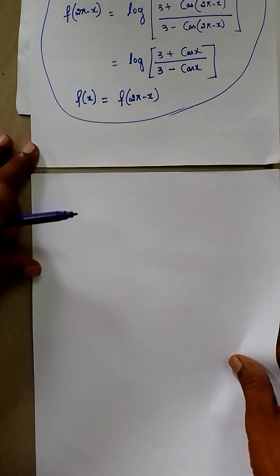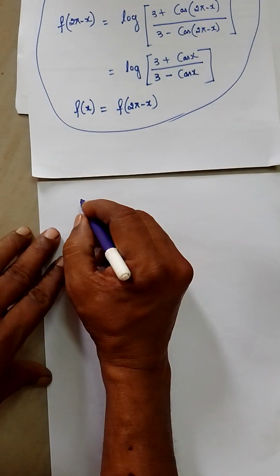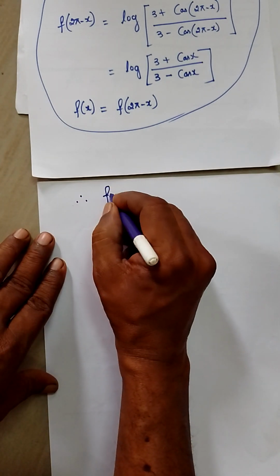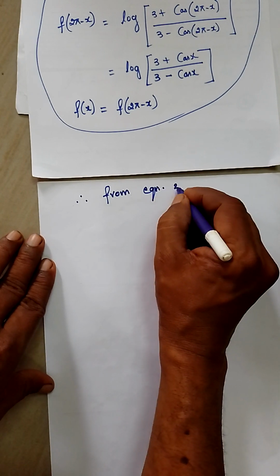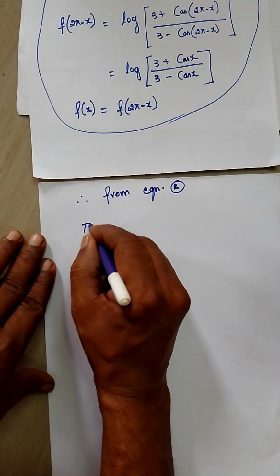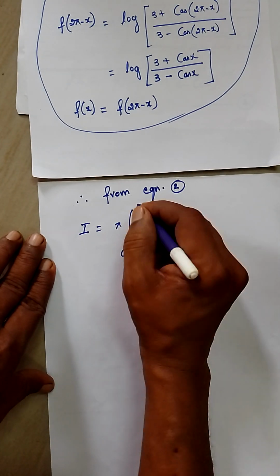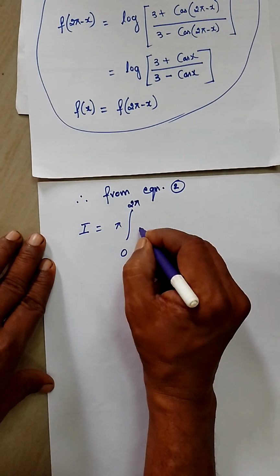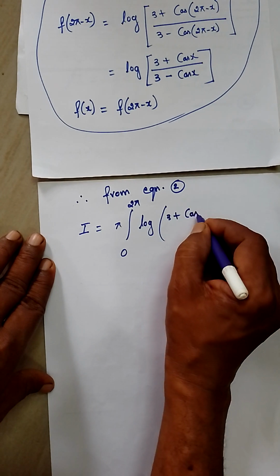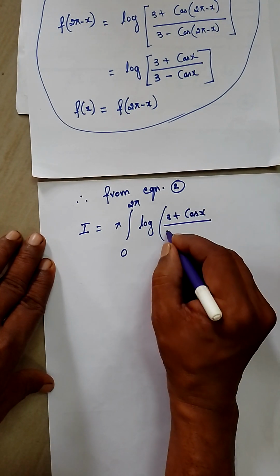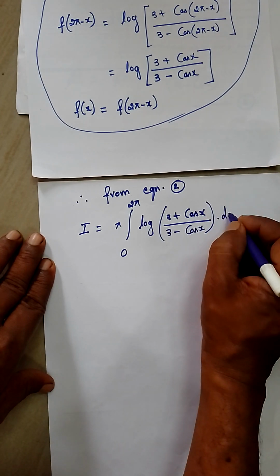So from equation 2, what is equation 2? I is equal to pi integral 0 to 2 pi log of (3 plus cos x) by (3 minus cos x) into dx.